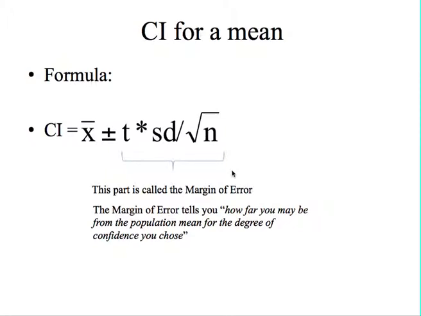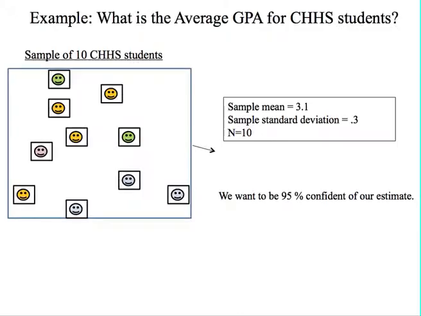You may be 0.3 points away from the population mean, and you're 95% sure of that. That's the way you would interpret a margin of error. It is how far you may be from the population parameter given your confidence level.